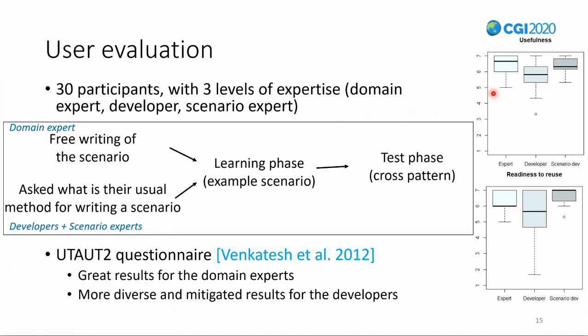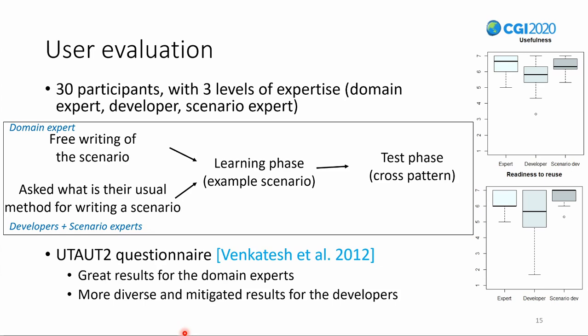And you can see on the right two groups of questions for the U2 questionnaire. So the first one is the usefulness, the perceived usefulness for the tool.